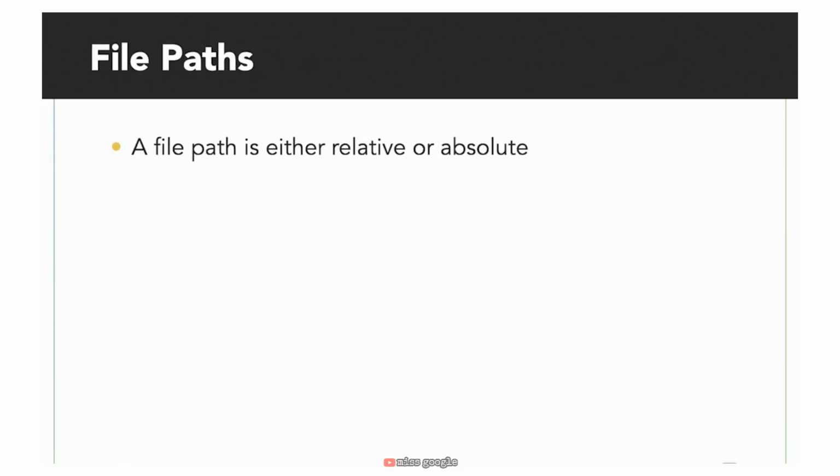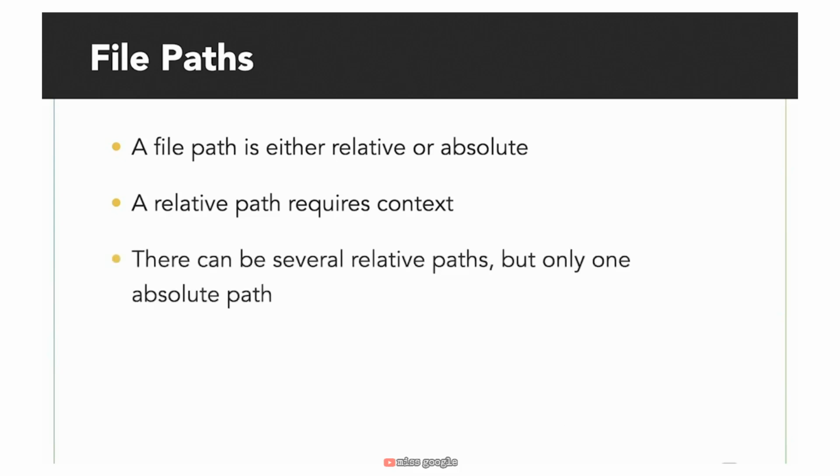A given path is either relative or absolute. A relative path for this file would be reports and then the file name. It's relative to the desktop folder. Another relative path would be desktop, reports, and the file name. This would be relative to the author folder. There is only one absolute path since it must contain the root node, but there can be several relative paths.